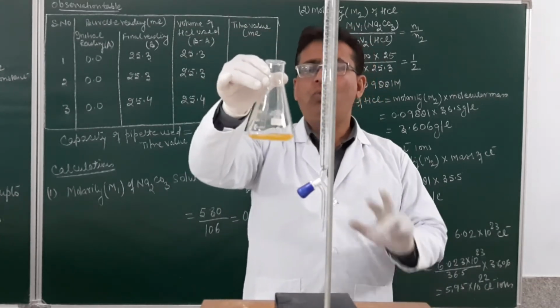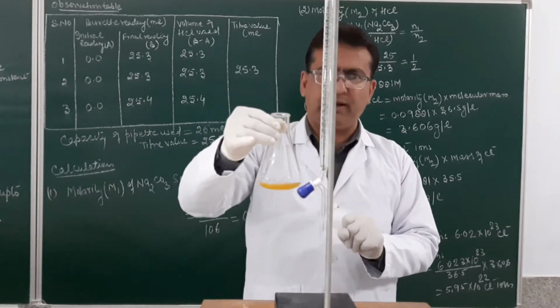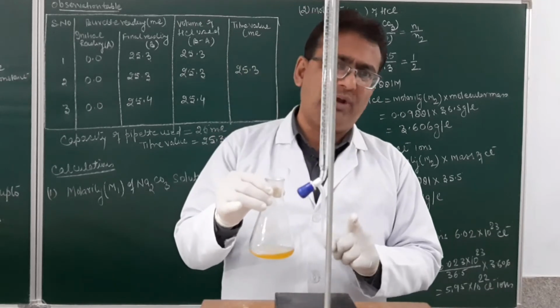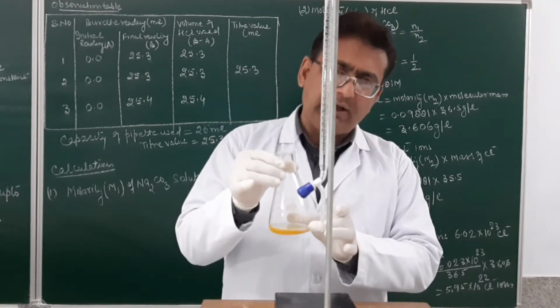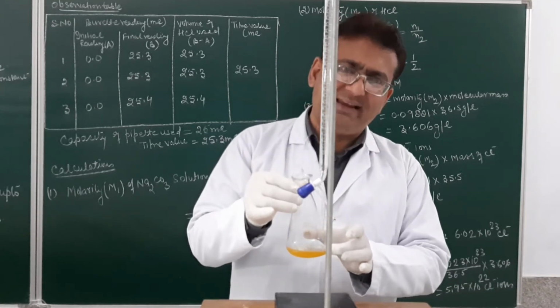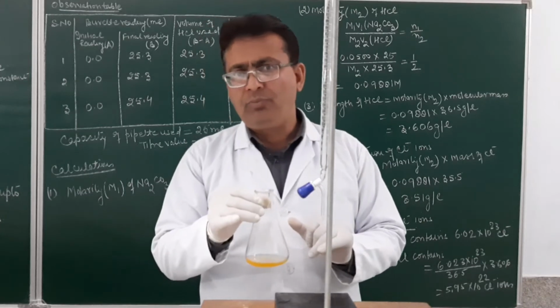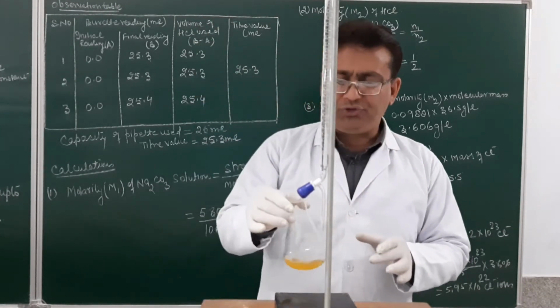What is the reason why the methyl orange indicator does not show any change in color? Because sodium carbonate is a solution of a strong base and weak acid, and methyl orange is also basic in nature. So it does not show any color change because the indicator is also basic and the solution is also basic in nature. Now, what is to be done?